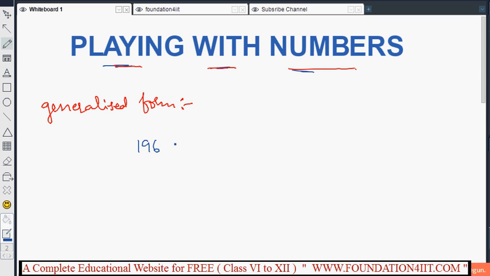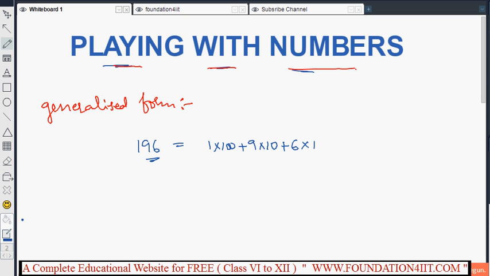So 6 is in the units place, so 6 into 1. 9 is in the tens place, into 10. 1 is in the hundreds place, so 1 into 100. If you add all this again, you should get 196. That is how we write it in generalized form.